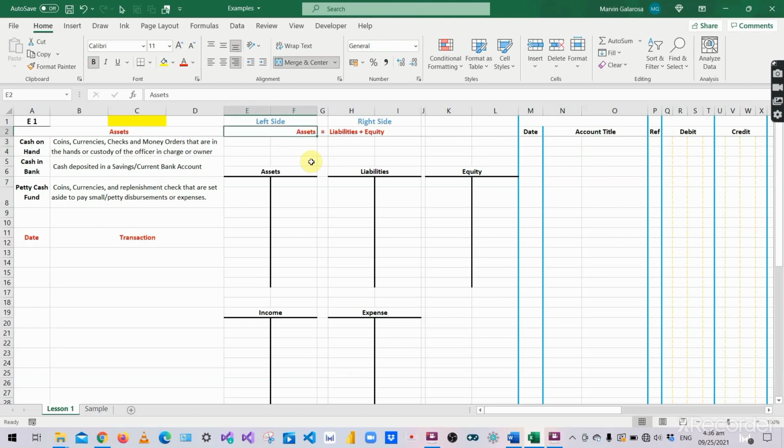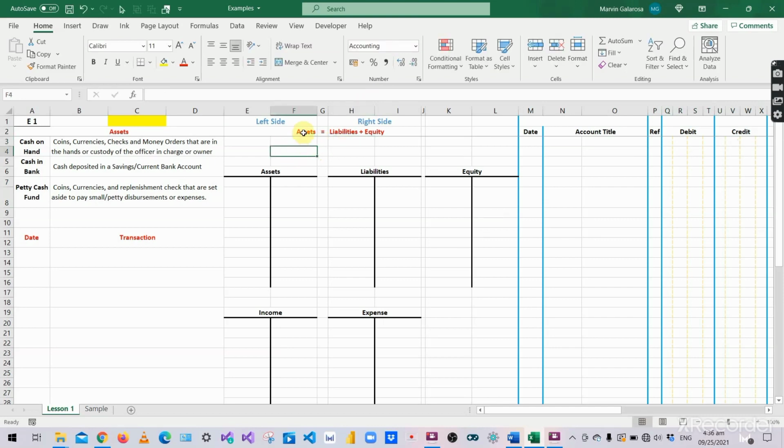So going back dito sa accounting equation. Kailan mo gagamitin ang isang debit or ang isang credit sa isang journal entry? Ibabase mo siya kung saan nakapwesto yung element sa equation.